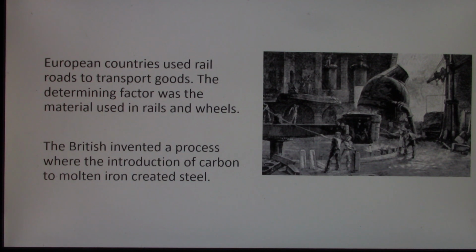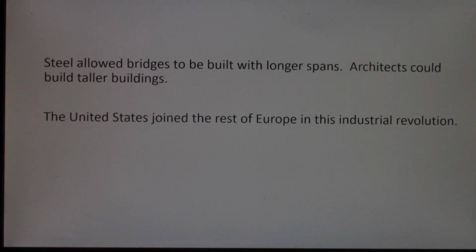Now, it was a British chemist by the name of Bessemer who is going to invent a way, when iron is in its molten state, to inject carbon, and this carbon will change the chemistry of the iron and turn it into steel. Steel will allow for bridges to be built with longer spans. Architects could use steel to build taller buildings.